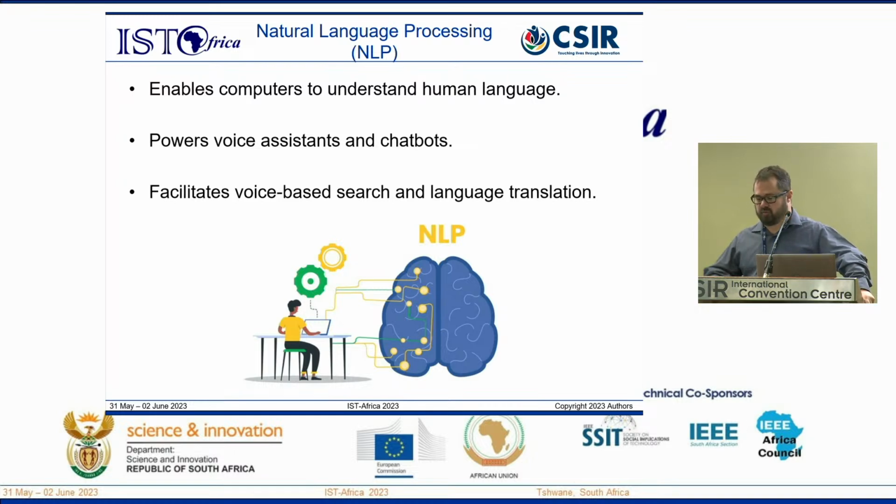NLP also plays important roles in voice assistants and chatbots, and it's also used to do sentiment analysis. For example, with the upcoming elections next year, there are many groups in South Africa that use, for example, Twitter to extract sentiment analysis and then to try and predict what people are thinking of different parties. So there are many applications of NLP.